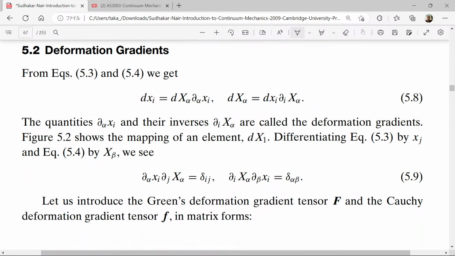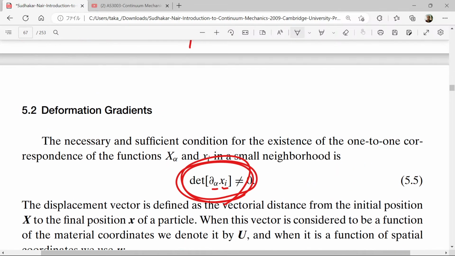Deformation gradients. From equations 5.3 and 5.4 we get... What are 5.3 and 5.4?